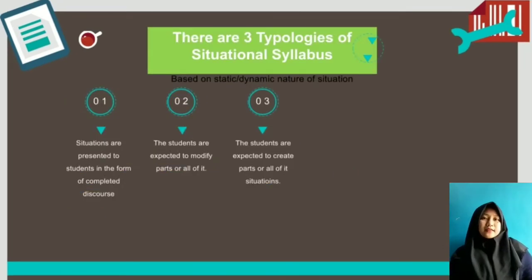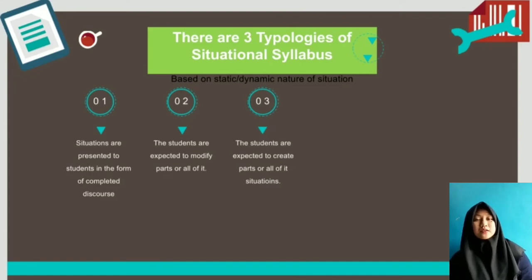Well, in this slide, we're going to talk about typologies of situational syllabus. There are three typologies of situational syllabus, which are based on the static or dynamic nature of situation. The first, situations are presented to students in the form of completed discourse.